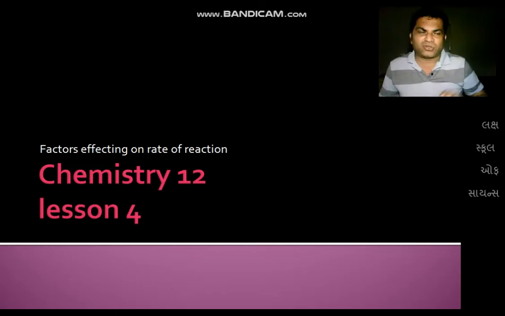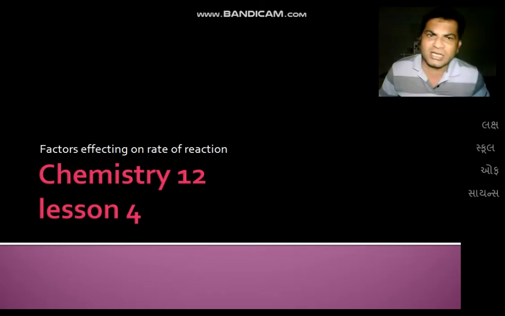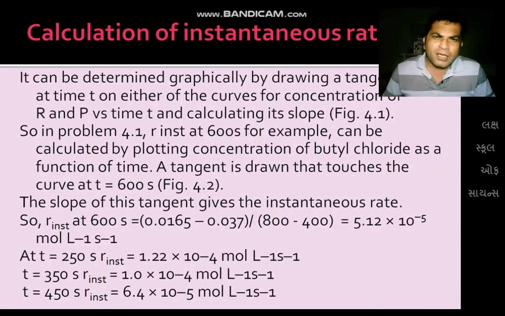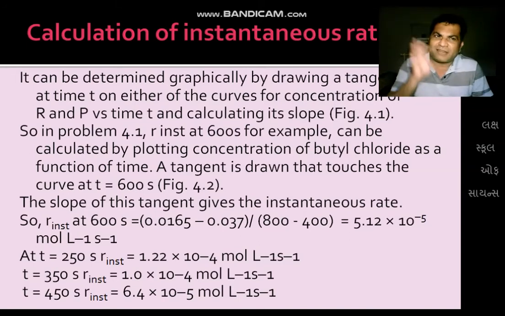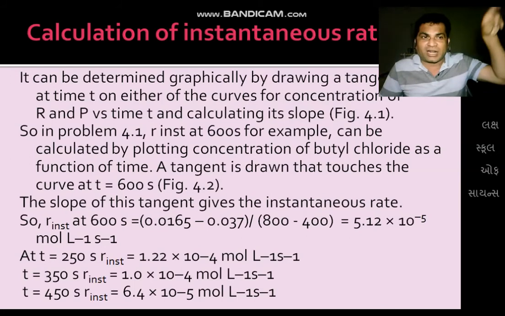So today we are going to discuss the instantaneous rate. The instantaneous rate is determined graphically by drawing a tangent at time t on either of the curves of concentration versus time and calculating its slope. We studied this yesterday by drawing the tangent on those two curves.